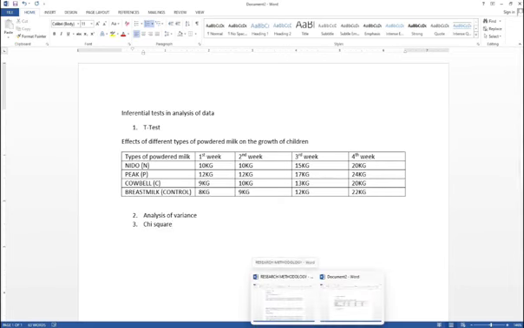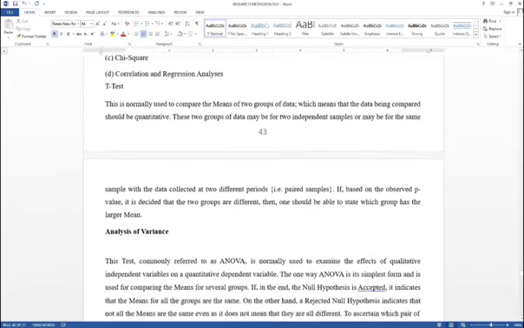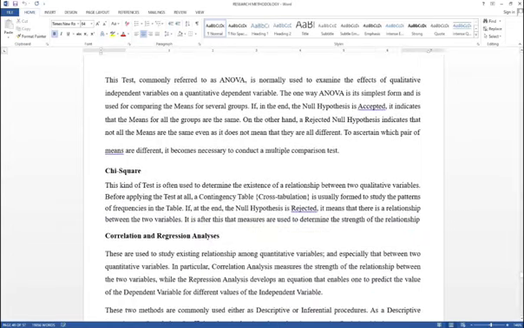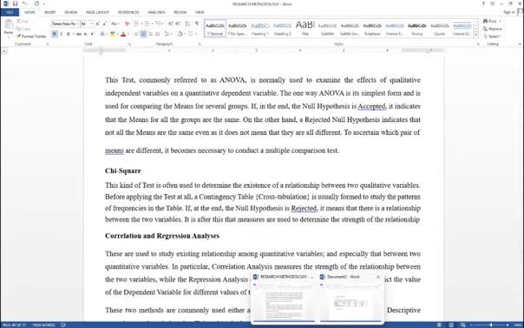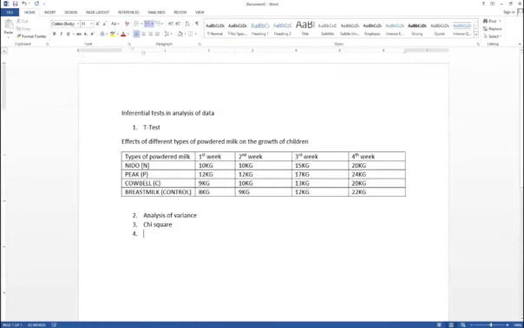All right. The next one is correlation and regression analysis. Let's put that one down too.